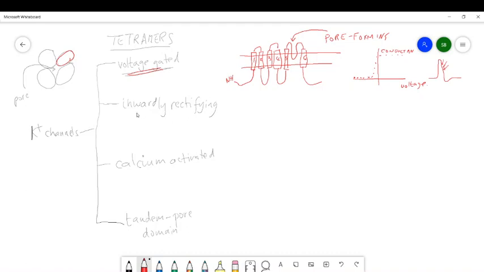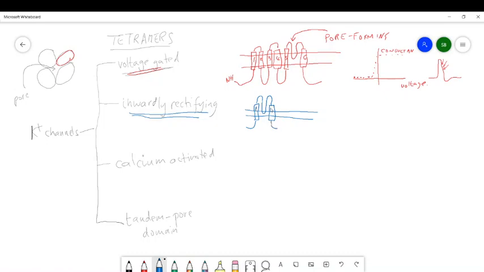The other ones we need to look at now are the inwardly rectifying ones, and these are going to be represented in blue. These have a slightly different structure in that they have, this time, just two domains separated by a pore forming loop like this.